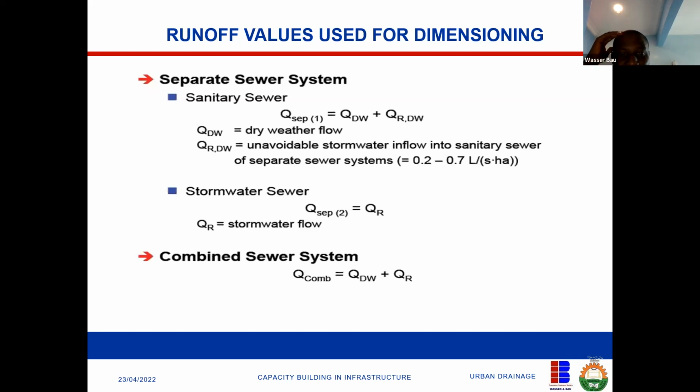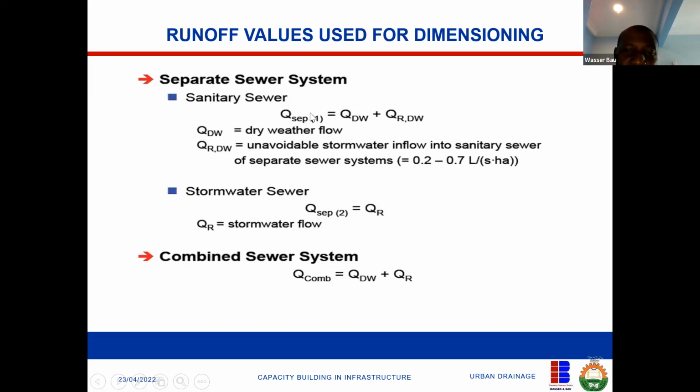Then for the separate sewer, it is simply the dry weather flow plus QRDW, which is what we call the infiltration water on dry weather flow. If you look very well, this QRDW is the extra rain that usually falls and enters the sewer system.